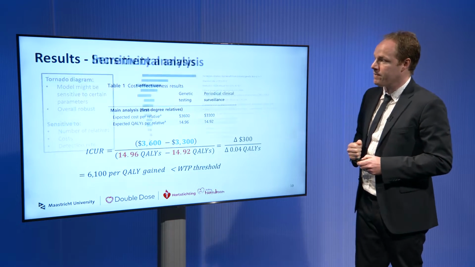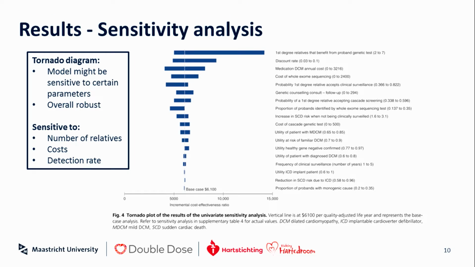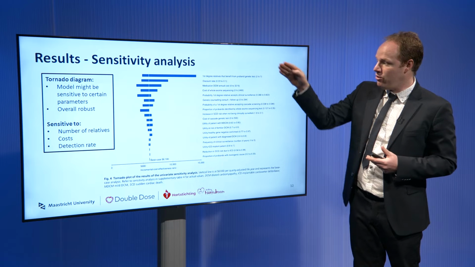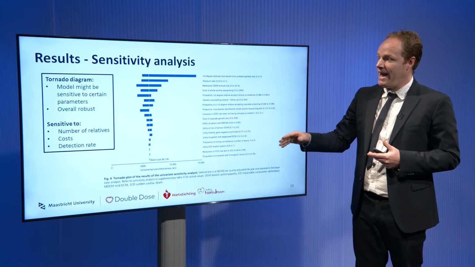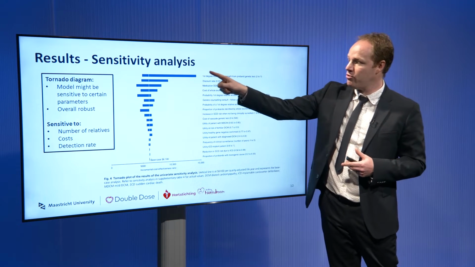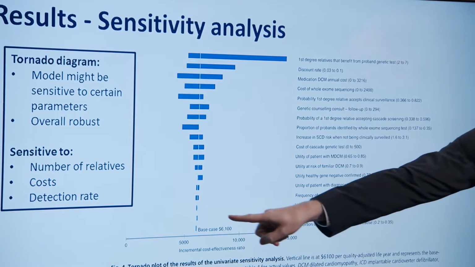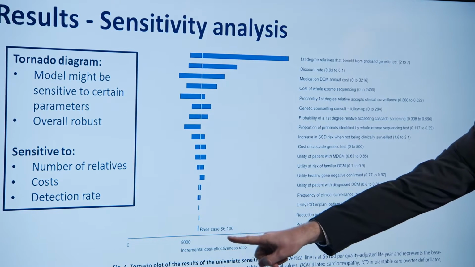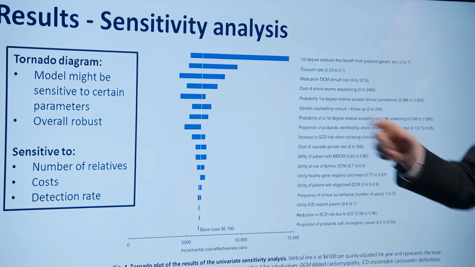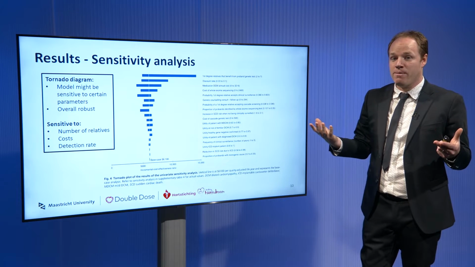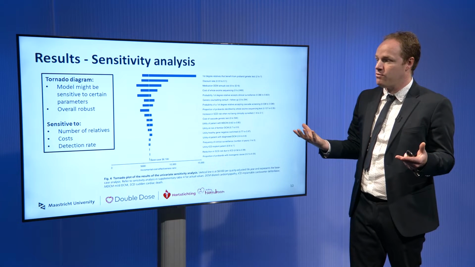The author then conducted some sensitivity analysis to characterize parameter uncertainty. A lot of analyses were conducted by the author, and they were presented in the form of a tornado diagram where we see the base case estimation, the 6,100, and we could see the effect of changing different parameters on the incremental cost utility ratio.